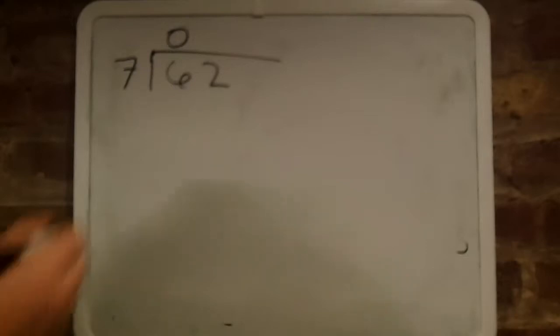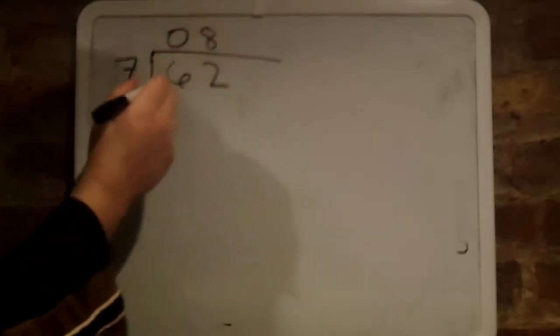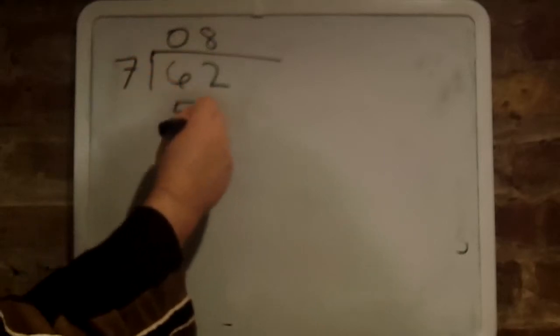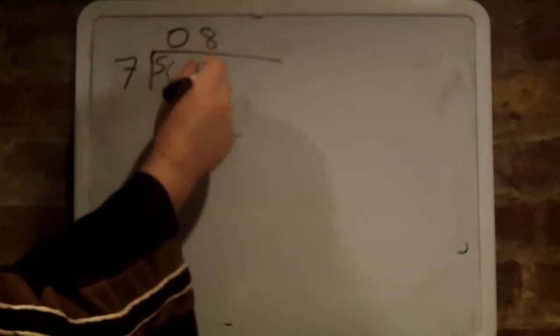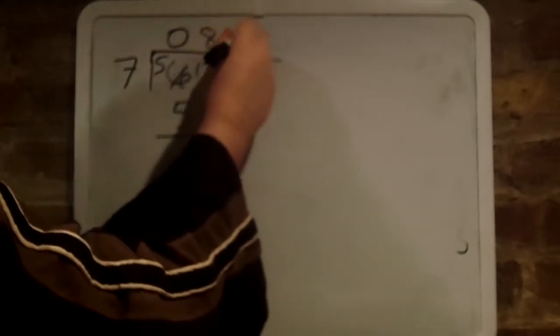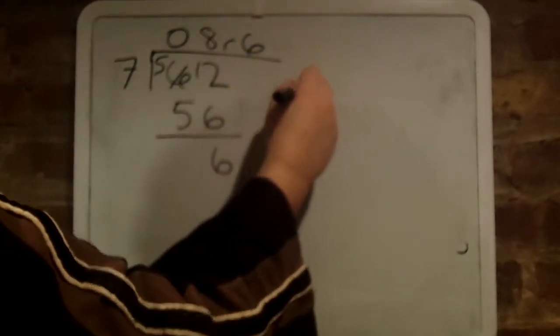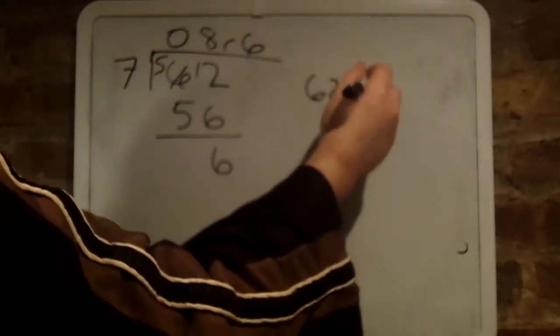So 9's too big, so we'd have to put an 8 here. 8 times 7 is 56. We would have to borrow 1 here. So there's a 5. This would become 12. 12 minus 6 is 6. So our answer would be 8 remainder 6, which we could rewrite, suppose you'd write it like this.